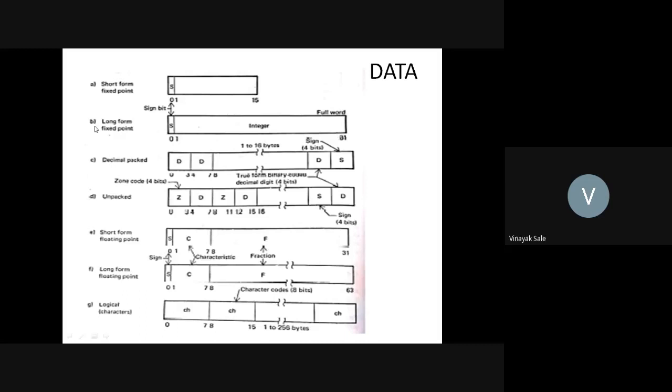Then in figure C is 32-bit word, that is a decimal packed bit.